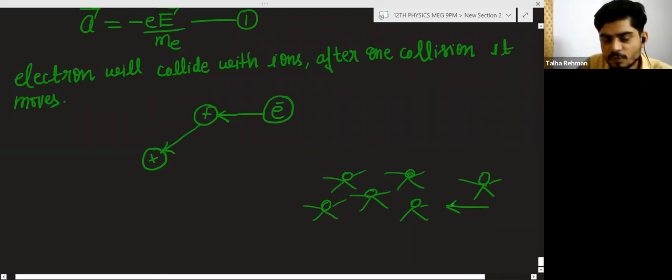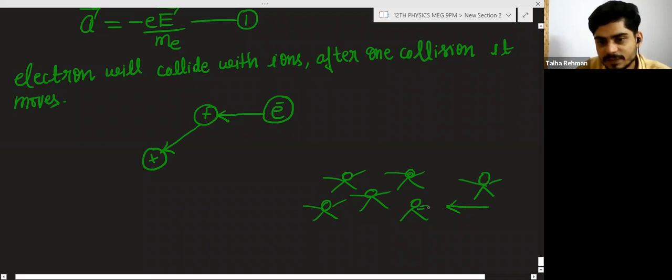When you run, you will collide, because there are a number of people in a small space.